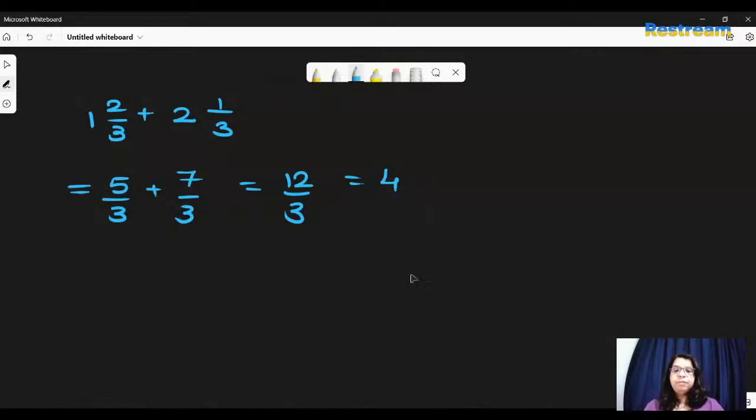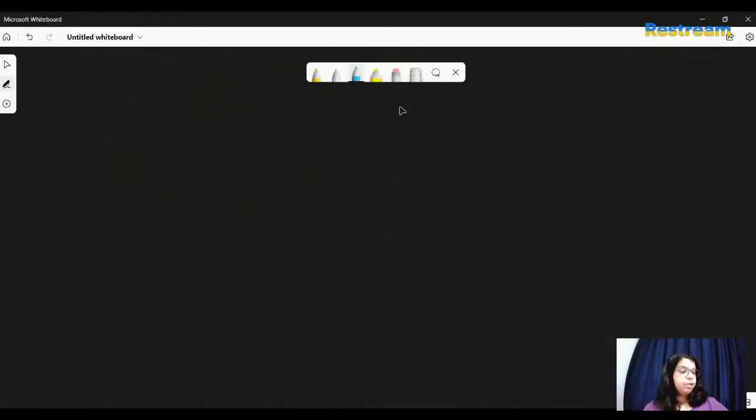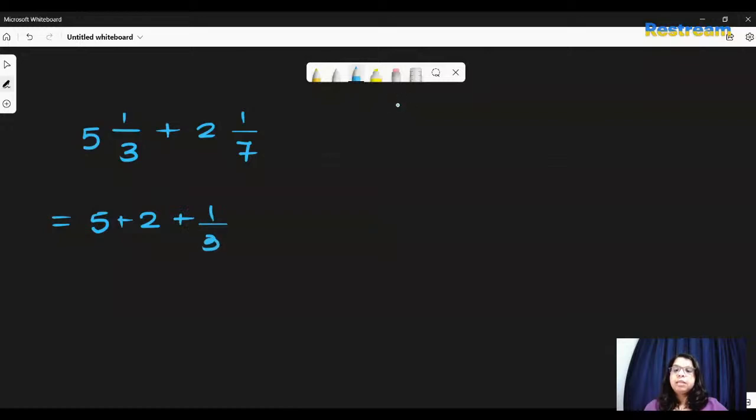Now what will happen when we have different denominators? So let's say I have 5 1 by 3 plus 2 1 by 7. Again, I can split it into 5 plus 2 plus 1 by 3 plus 1 by 7.